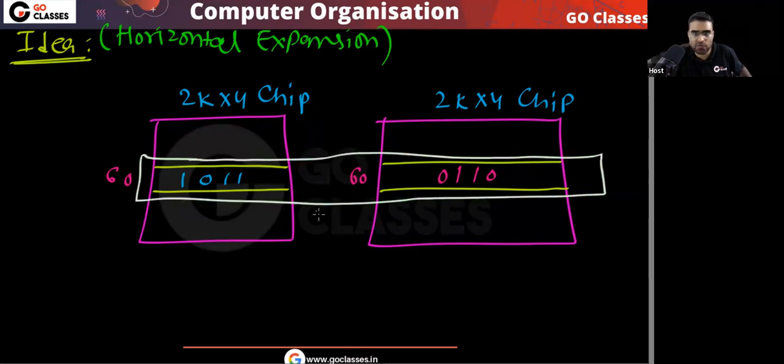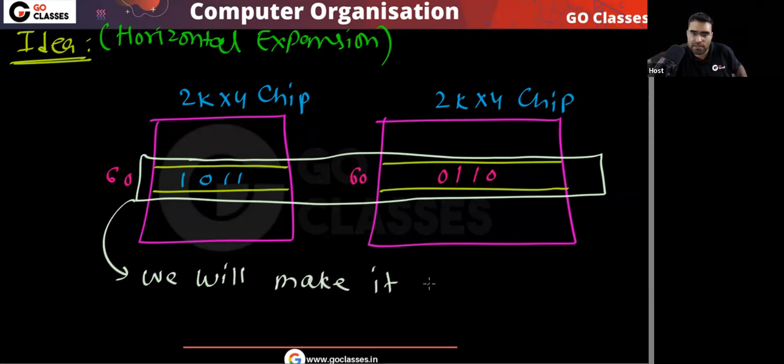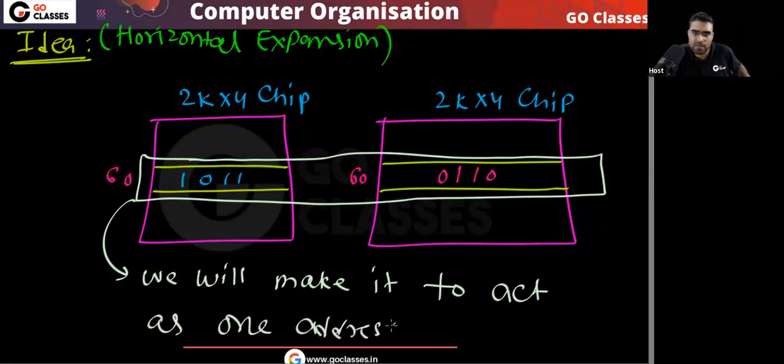We will make it act as one address location. Is this clear? So a very simple point: in the horizontal expansion, these are two different chips, remember.